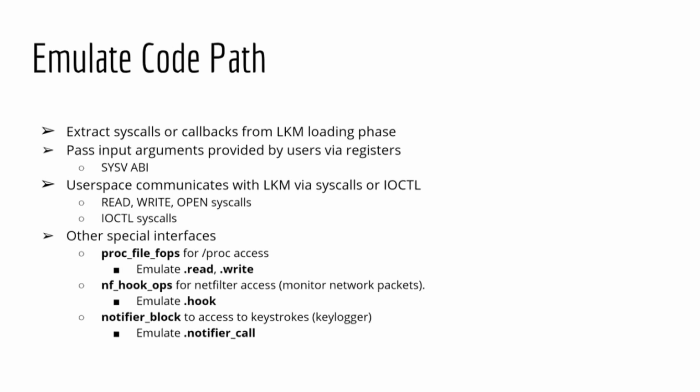And here I list some of the most popular code paths that a kernel rootkit can set up, and the user needs to specify the input for all those code paths if you want to emulate them.